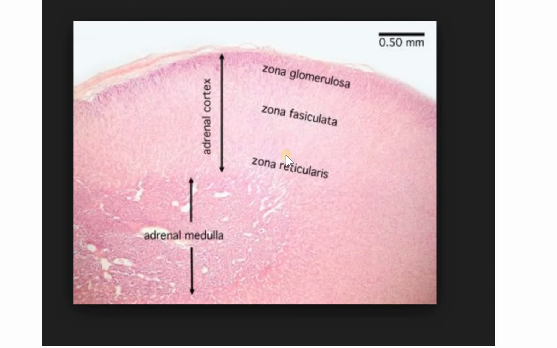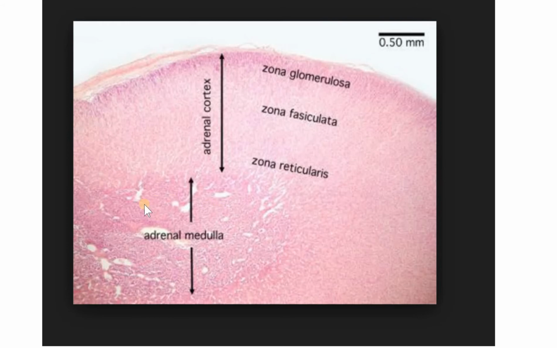And then as you work your way down to the reticularis, you can see another change in the concentration of cells. Okay, it's just an easy way to try to identify the three different layers to the adrenal cortex. Okay, the zona glomerulosa, the zona fasciculata, and the zona reticularis.